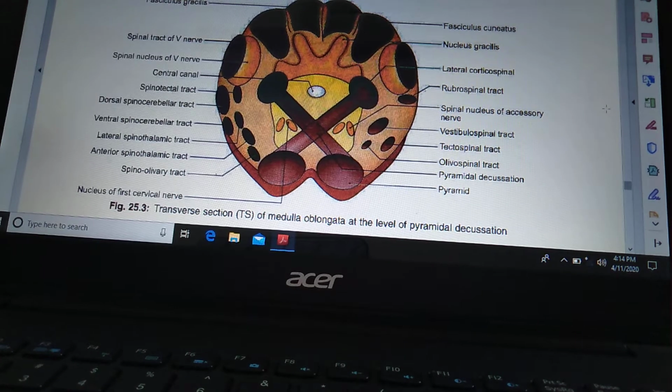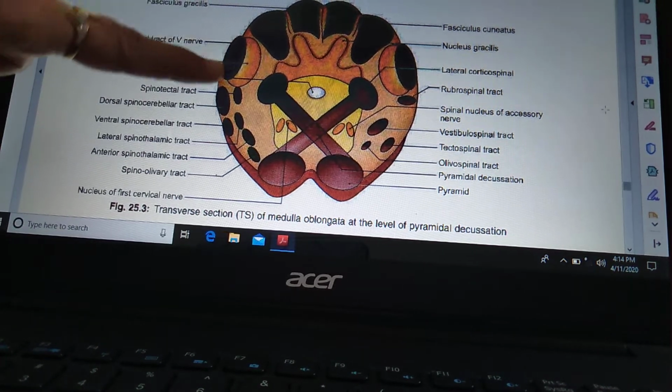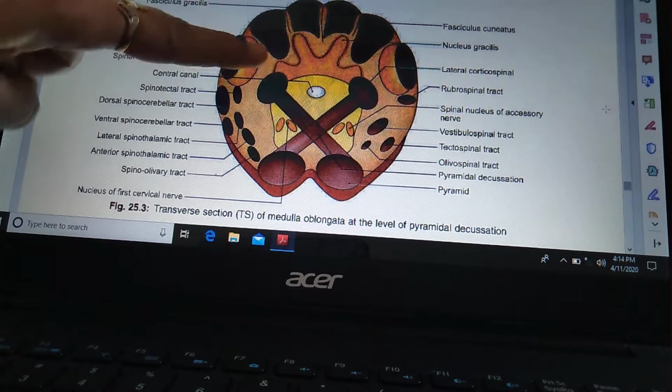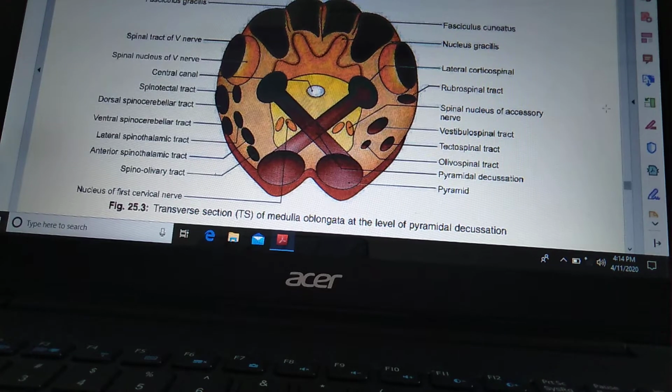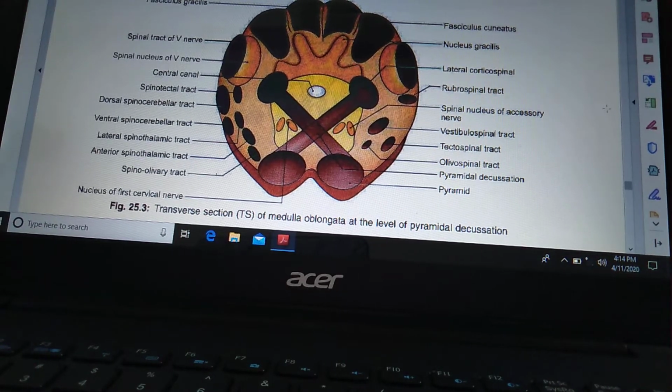A bundle of fibers overlying this nucleus forms the spinal tract of the trigeminal nerve. So this is the nucleus and this is the tract of the trigeminal nerve. So these are the important areas that you will find at this transverse section of the pyramidal decussation, the areas of the gray matter and the areas of the white matter.